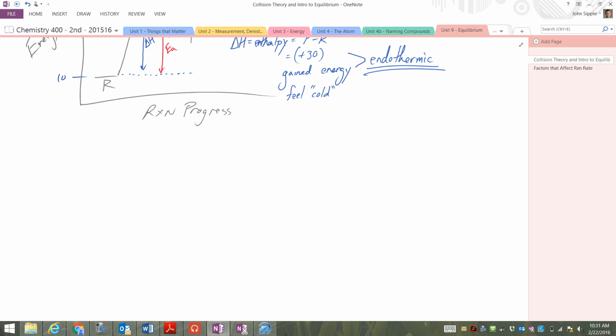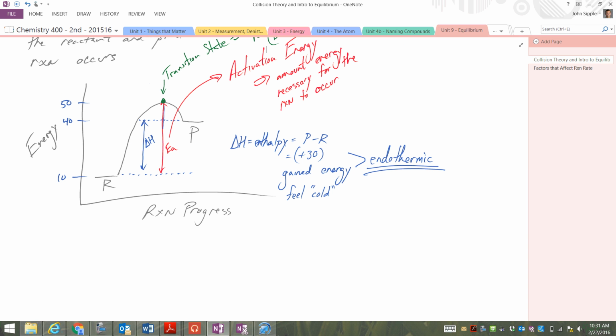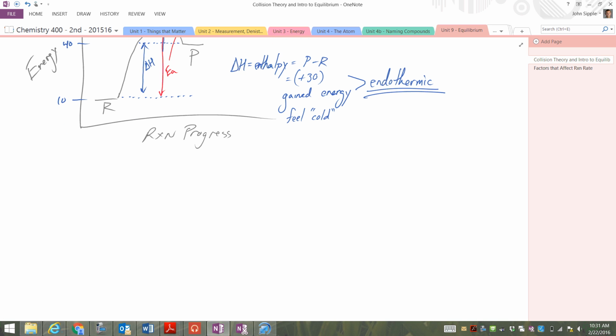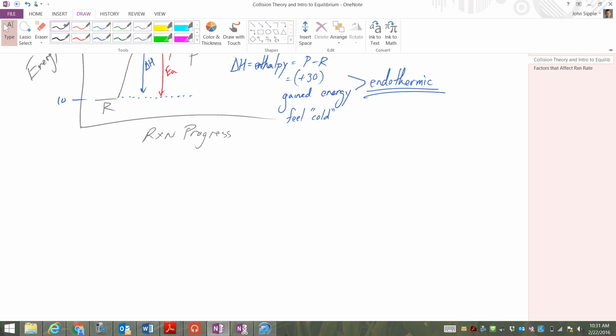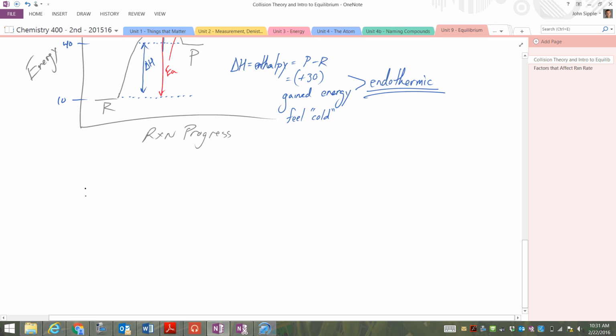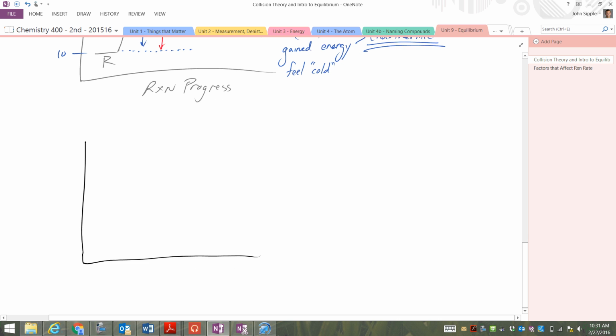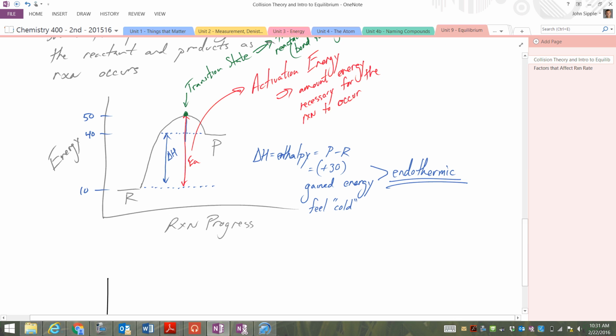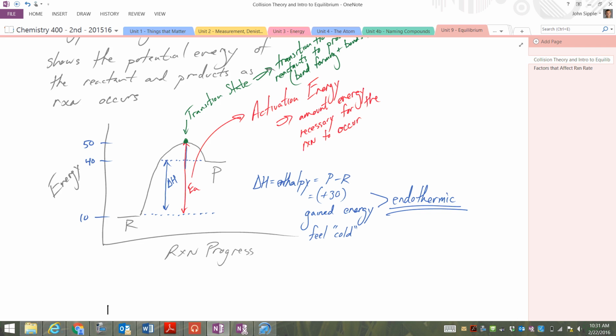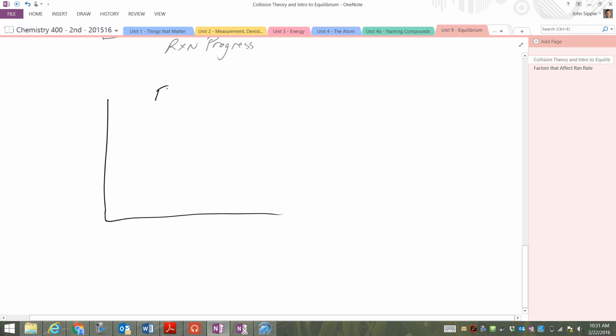All right, so now this is endothermic, right? So obviously we can do the opposite of this too, right? Where heat's given off. Okay, so let's draw another energy diagram here, with the opposite case happening. That one there is endothermic, right? This one we're going to draw is exothermic.